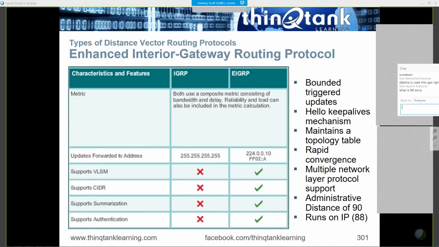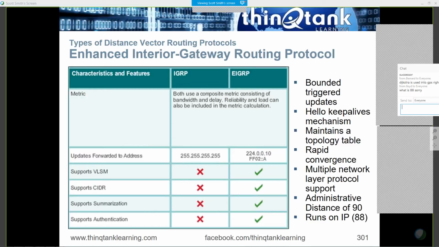So, OSPF runs on top of protocol, or is protocol 89. EIGRP is protocol 88. So what the 88 references is the protocol ID for EIGRP. If you take a Wireshark capture of EIGRP datagrams, you're going to have a data link layer header, and you're going to have an IP header.